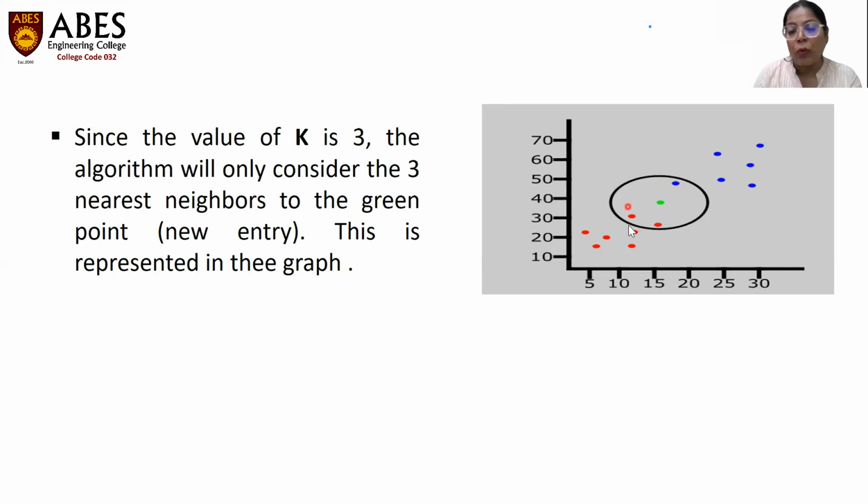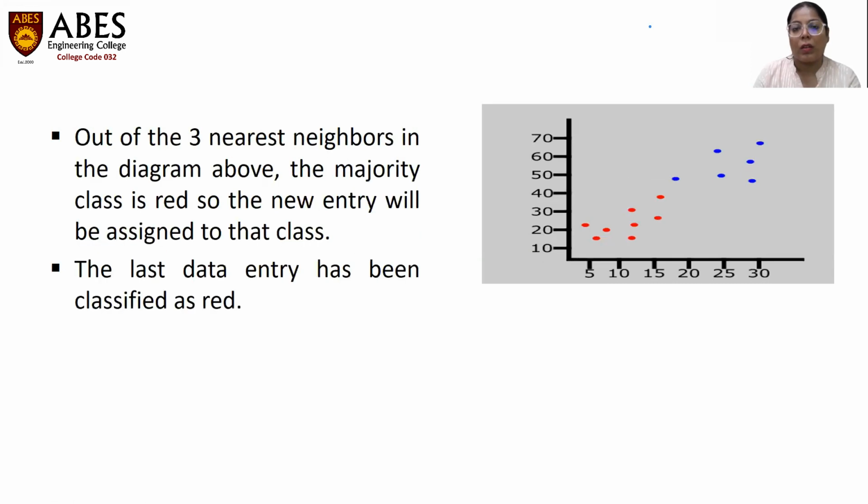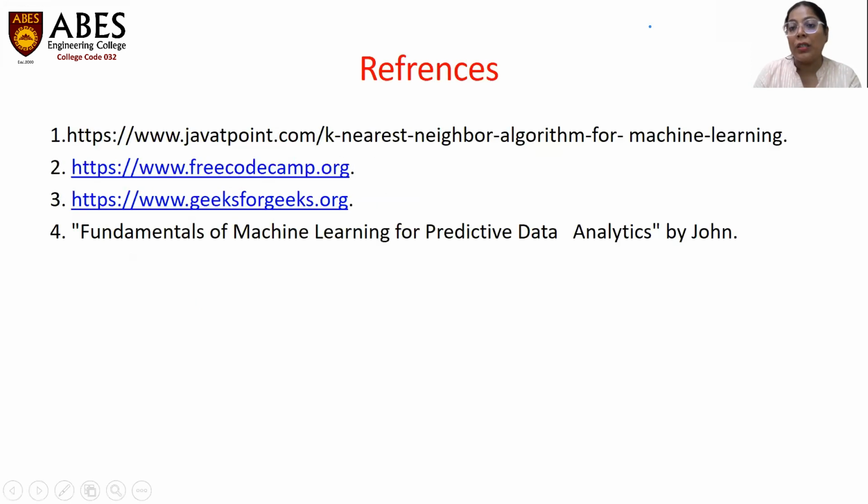So these are 3 points which are closest to the new data point. Now, you can observe that the majority of the points nearer to the new data point were in red color. So we will finally assign the new data point to the red color.